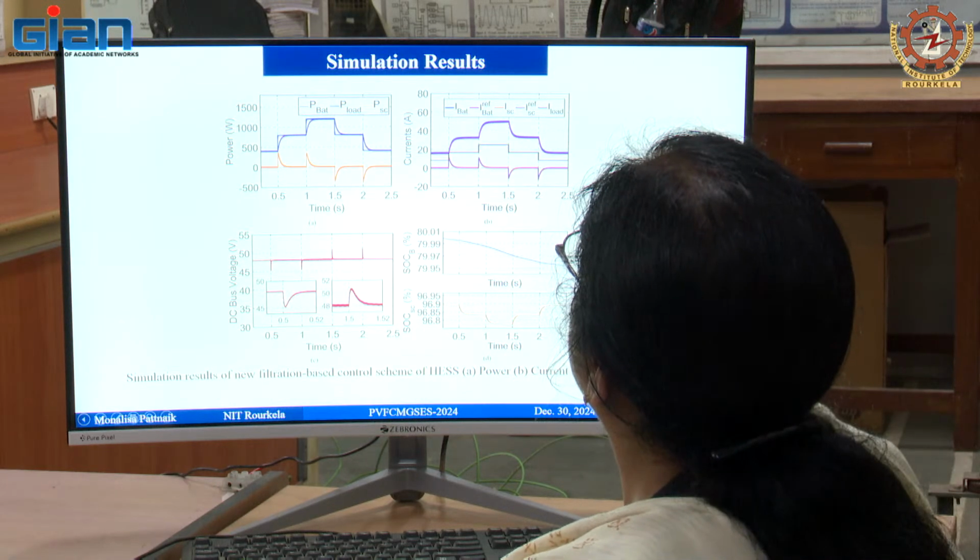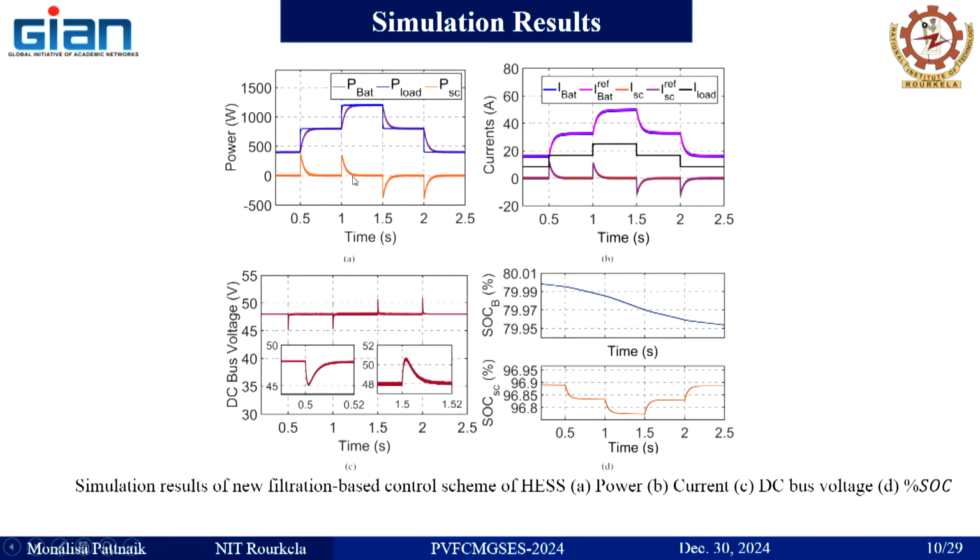Here you will see the transient part, the battery current, and this is the load. The condition is an increase in load and a decrease in load, with which we tested or simulated this system.